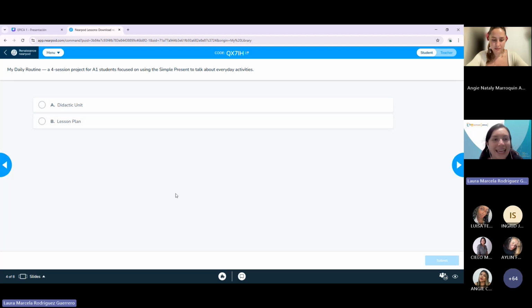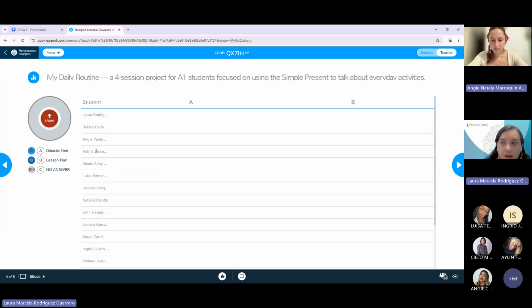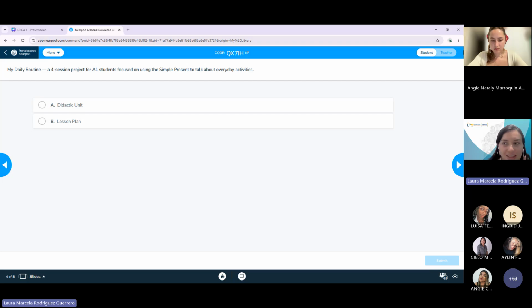So here we have some scenarios, and the idea is that you choose whether it is a didactic unit or a lesson plan. The first one: my daily routine, a 4-session project for A1 students focused on using the simple present to talk about everyday activities. So what do you think, A or B? That's easy. The B. So you say B, that it is a lesson plan.